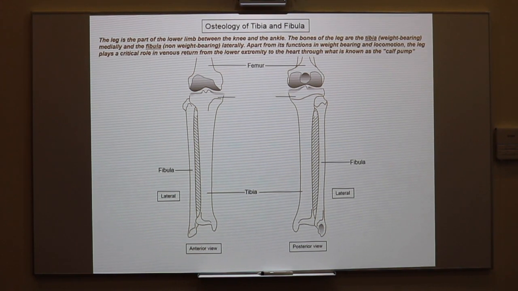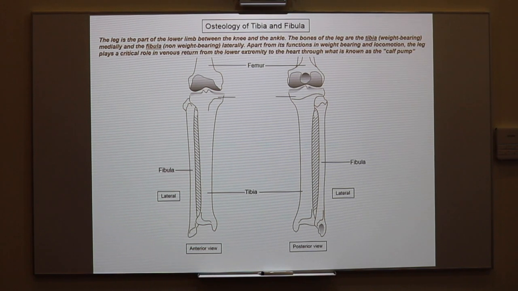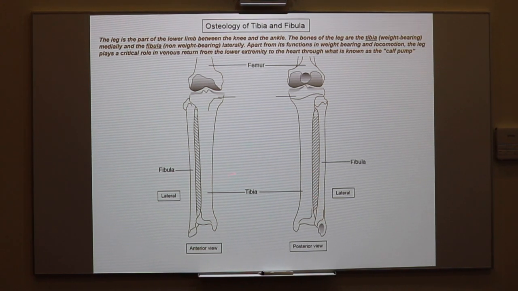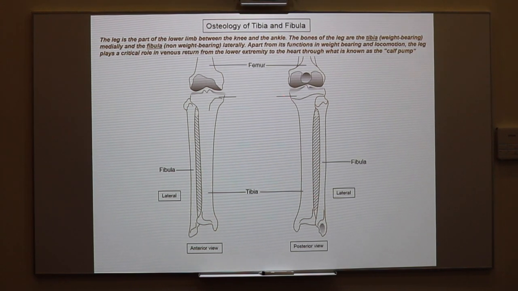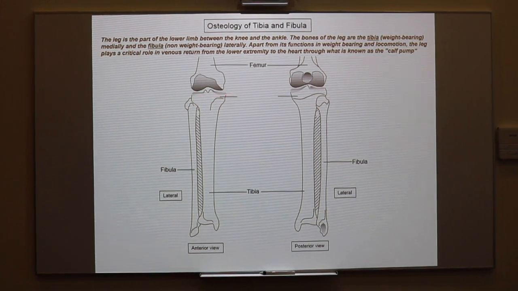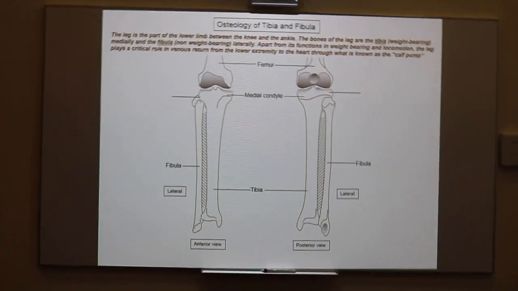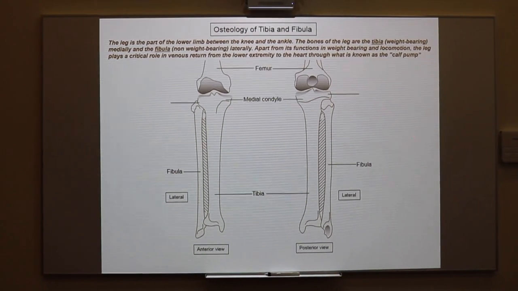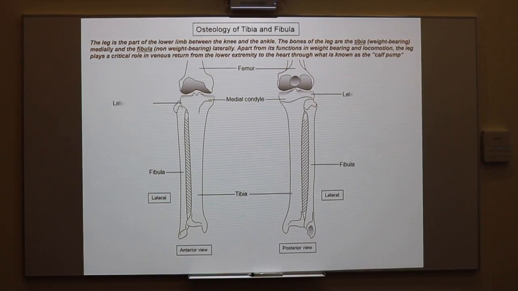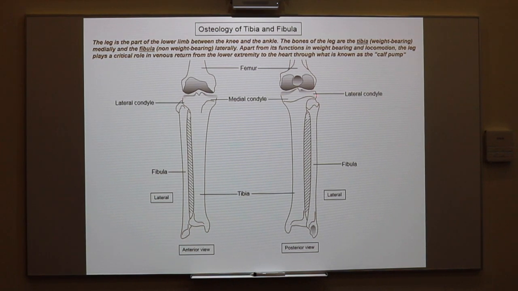So what you're seeing here is this lateral bone, which is the fibula. The medial bone is the tibia. These are the tibial condyles. This is the medial condyle of the tibia, and this is the lateral condyle of the tibia.